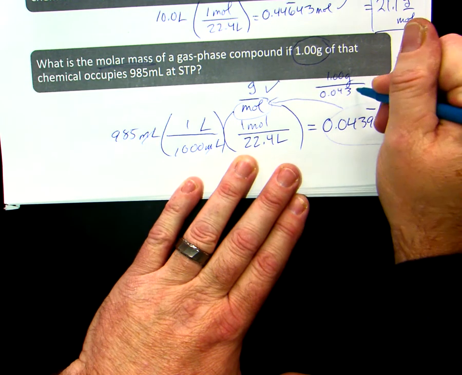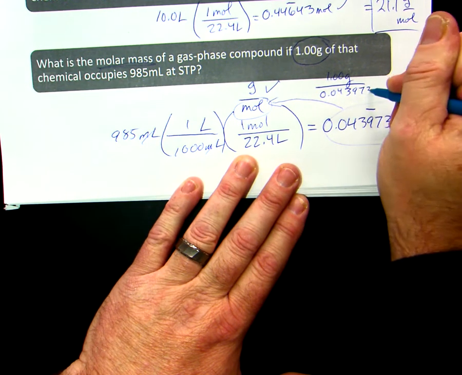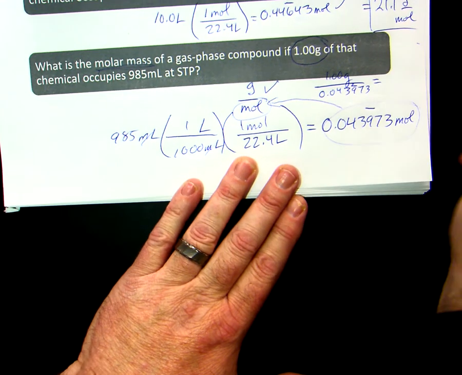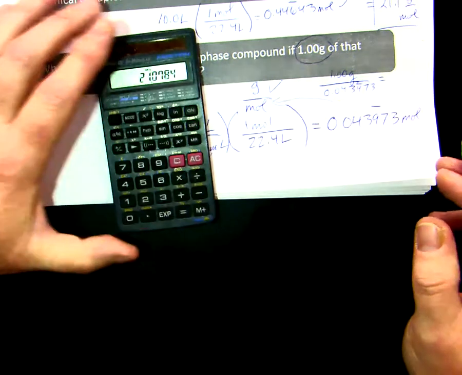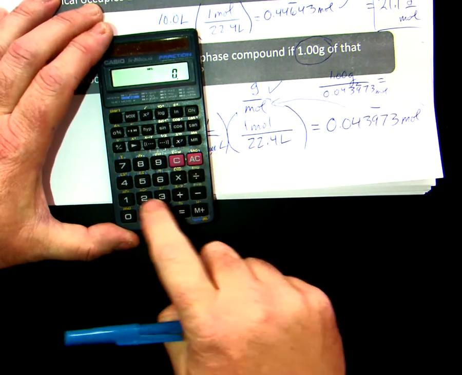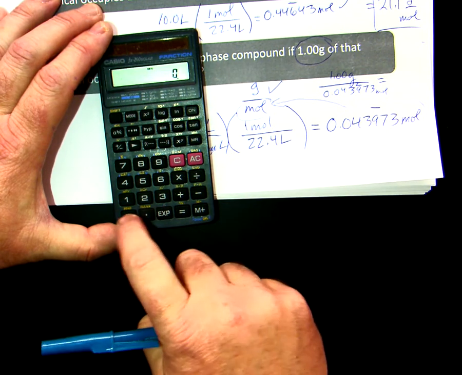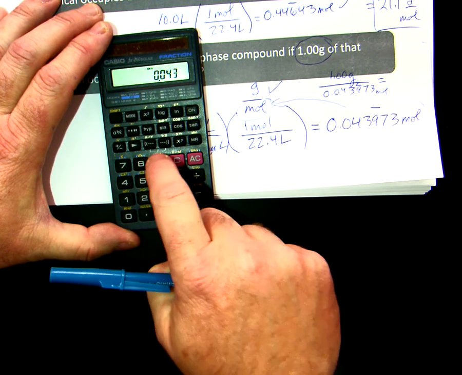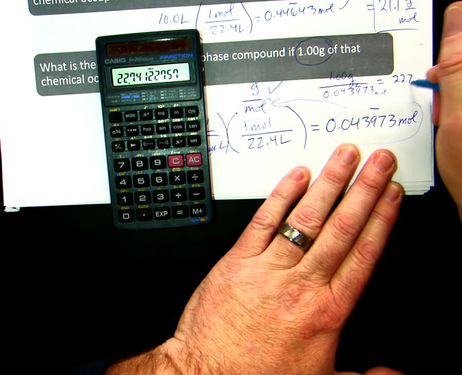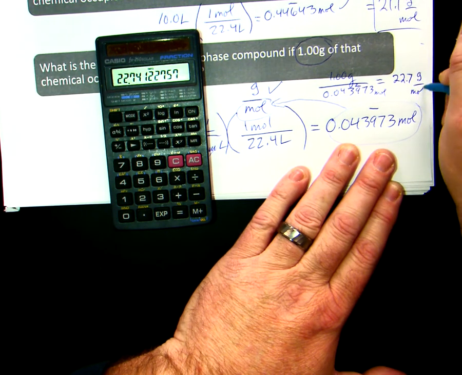And again, I didn't round yet. I kept at least a few extra sig figs. And this is moles, and then solve that way. So 1 divided by 0.043973. I get 22.7 grams per mole.